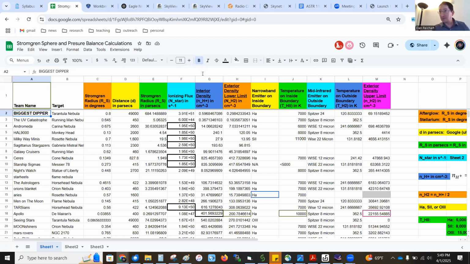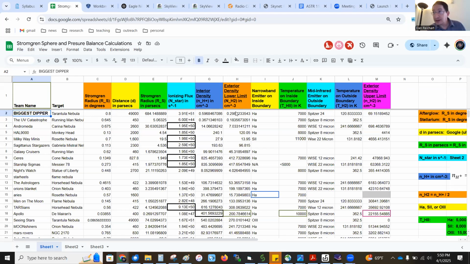The one you'll encounter will be cleared out, but put your team name there, your target, and these are the things we're going to calculate. We're going to start with the Stromgren radius in degrees. Then we're going to convert it into parsecs using the distance. Then we're going to figure out the ionizing flux, that's the n star. And then we'll calculate the interior density.